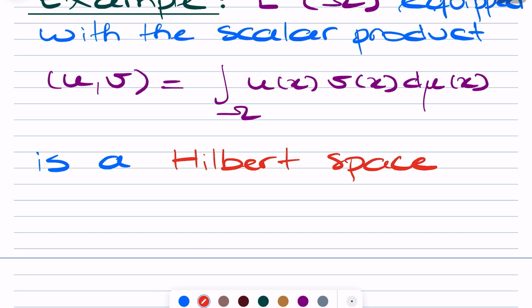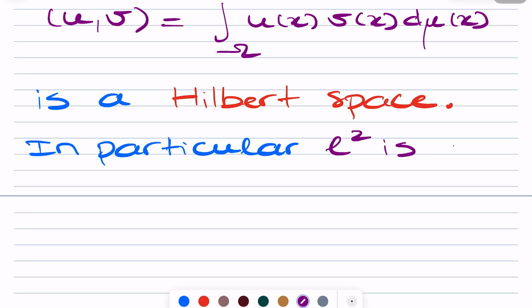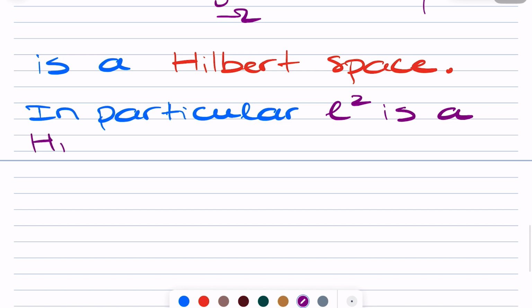And of course, in particular, small l2 is a Hilbert space as well.